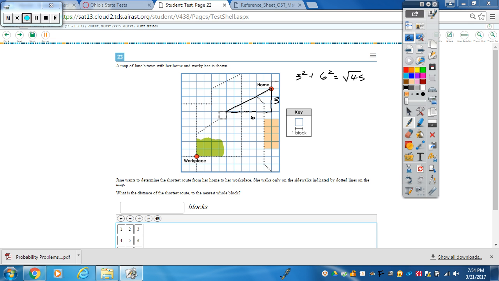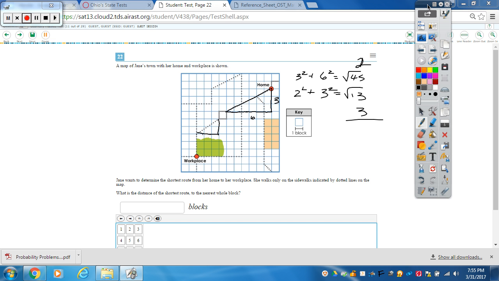Okay? And then we've got this length right here. So this would be 2 by 3. So 4 plus 9 is 13. The square root of 13 will give me that length. And then I can count 1, 2, 3 right there. So you can go ahead and add those up, and we can check that.